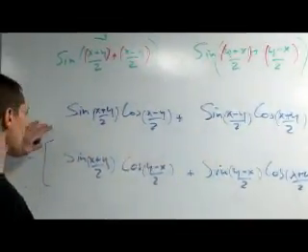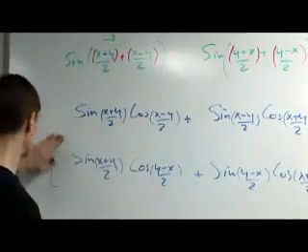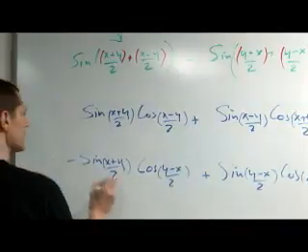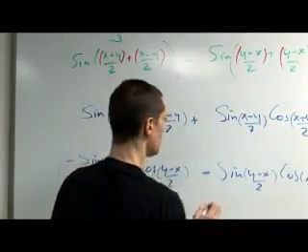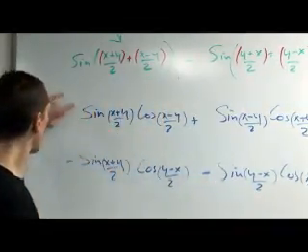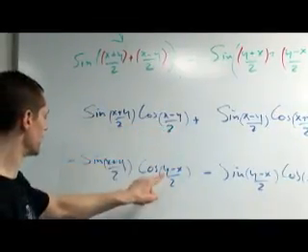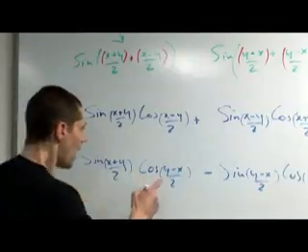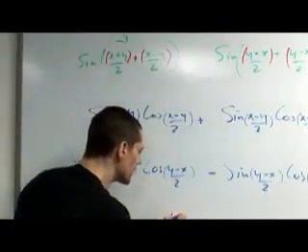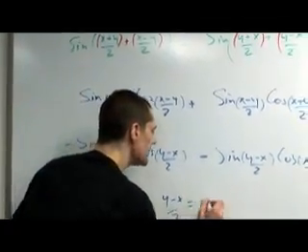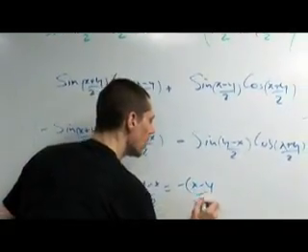We put the minus sign through. We're going to get minus in front of both of these terms. So this is minus this, and this is minus this. So look what I got. I got sine of (x plus y)/2, cosine of (x minus y)/2. Here's the deal. (y minus x)/2 is equal to negative (x minus y)/2.